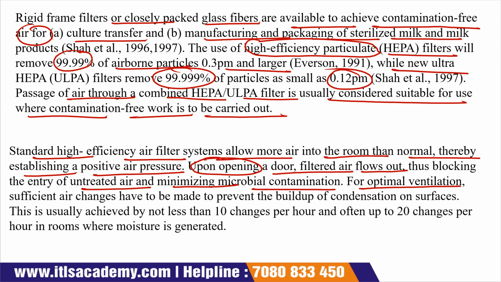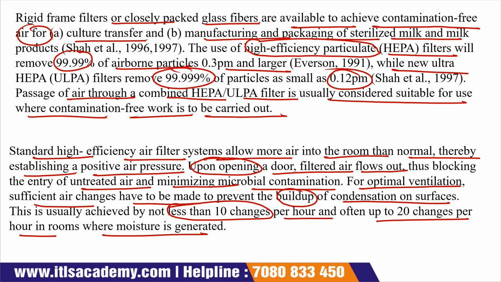For optimal ventilation, sufficient air changes have to be made to prevent the buildup of condensation on surfaces, and this is achieved by not less than 10 changes per hour, or often up to 20 changes per hour in a room where moisture is generated.